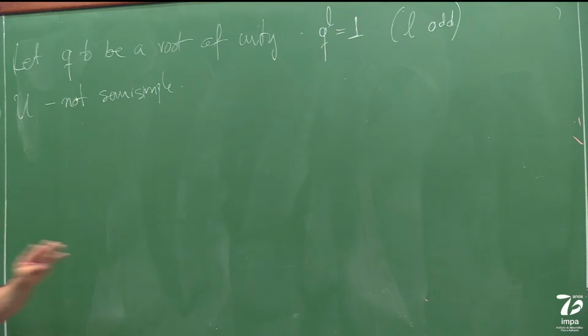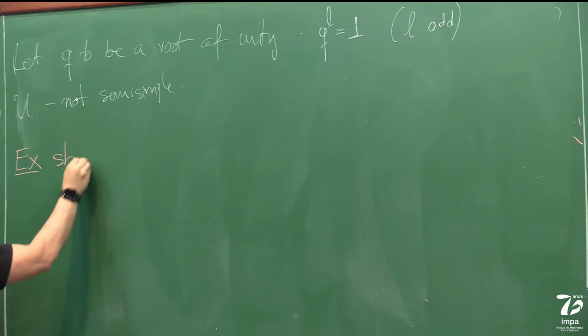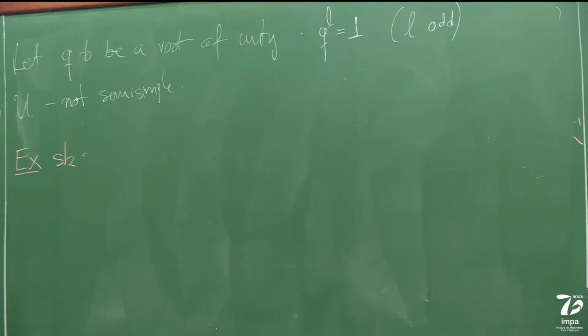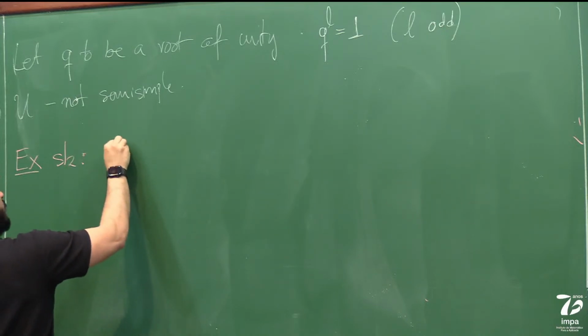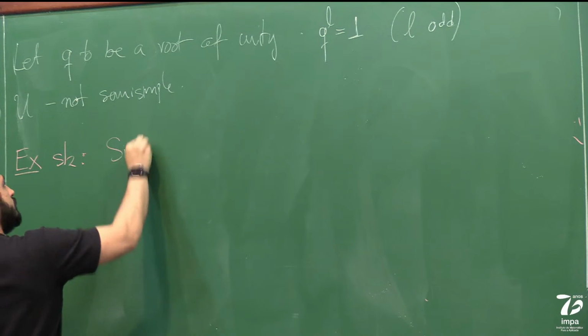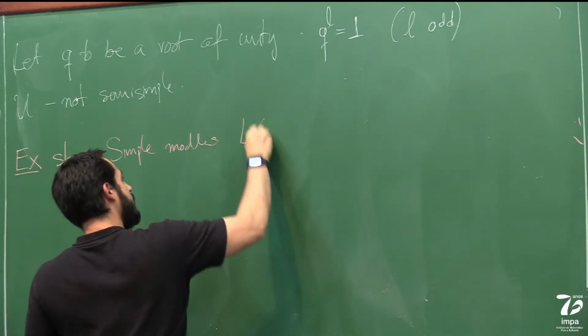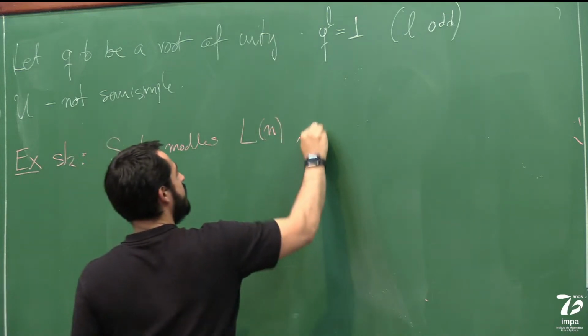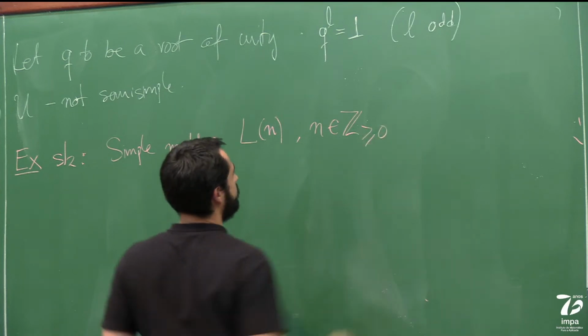And something is happening. I will show you how it's happening in an example before giving you some properties. So this is one example in SL2. Usual SL2, not quantum SL2. In SL2, we know that we have the simple modules, which are just Ln, where n is a non-negative integer.